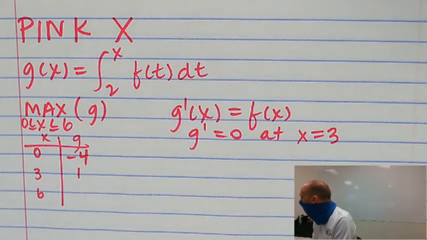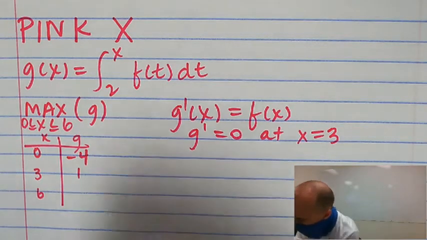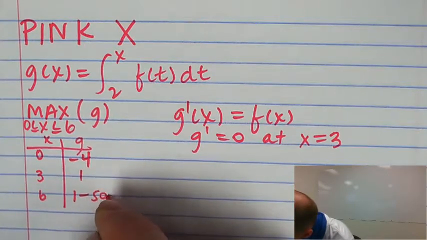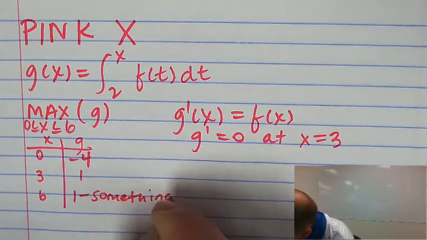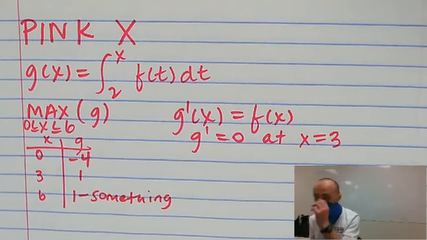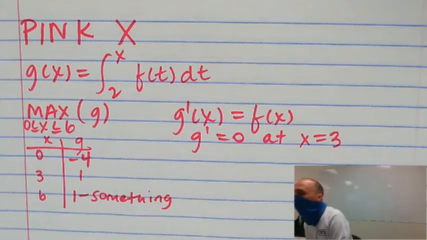And g of 6 is going to be 1 minus something, because of the amount of area that's underneath the x-axis, meaning that 1 is going to be the maximum value.